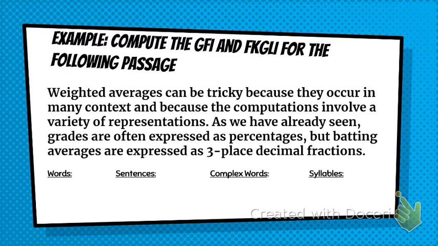So if you're counting the words, count the words and the syllables of each line first, and then go back through and look at the complex words as an entire passage, and then count how many sentences there are. The sentences should be short, because you can look for where the periods are, right? And for the complex words, you just have to read the passage and sound out the syllables again, making note of which ones are complex.